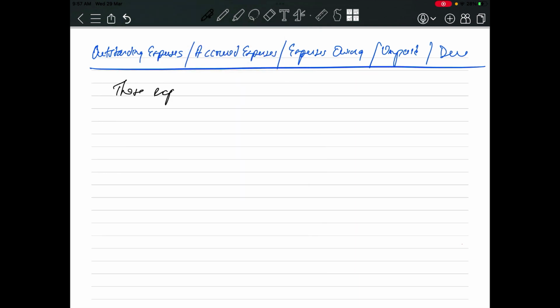These expenses are related to the current year, but remain unpaid.